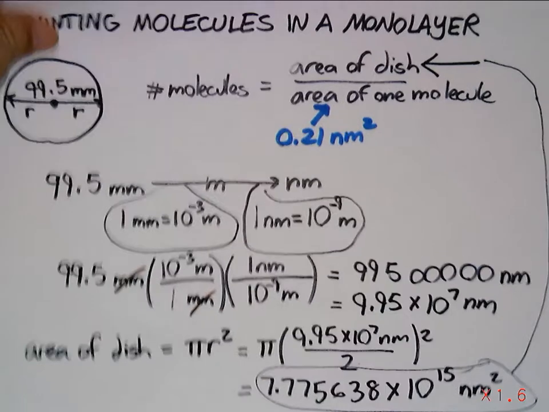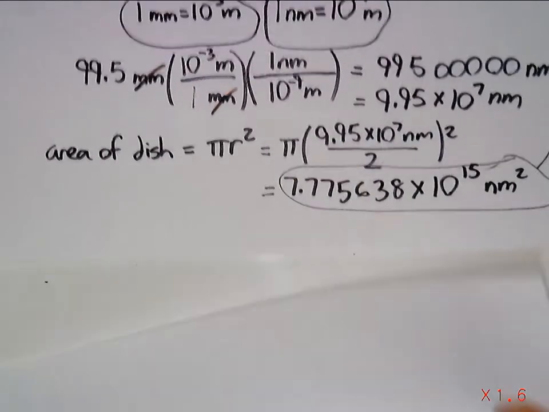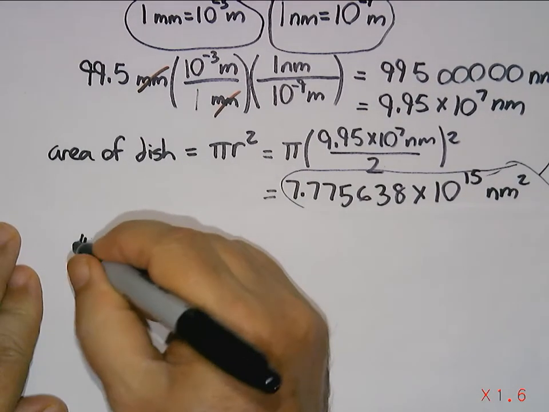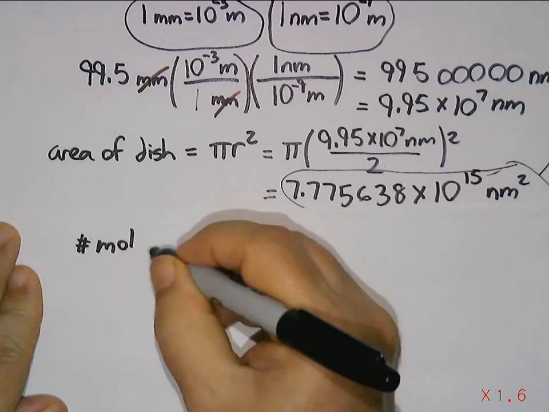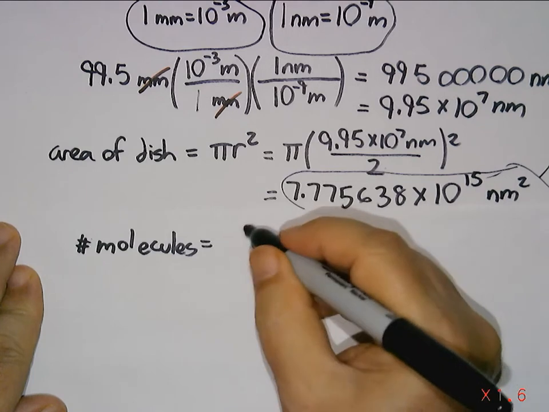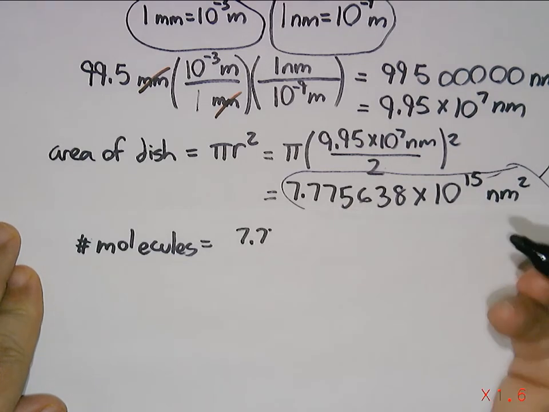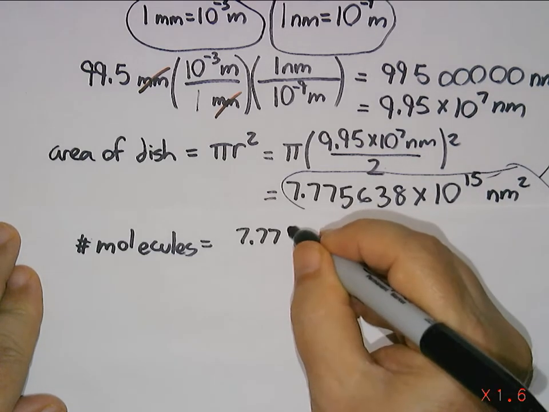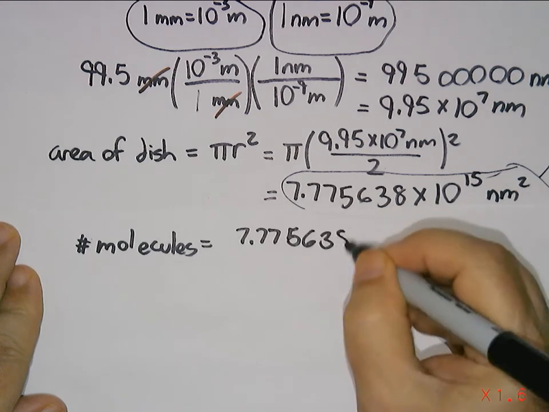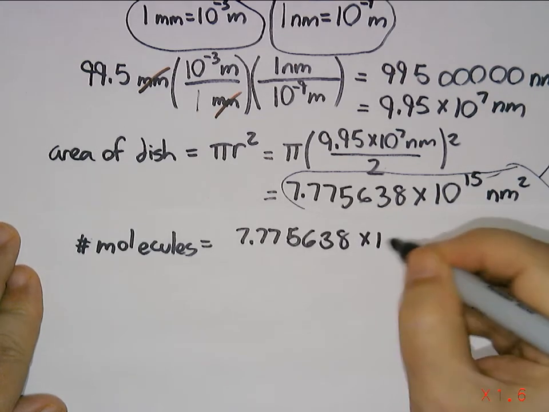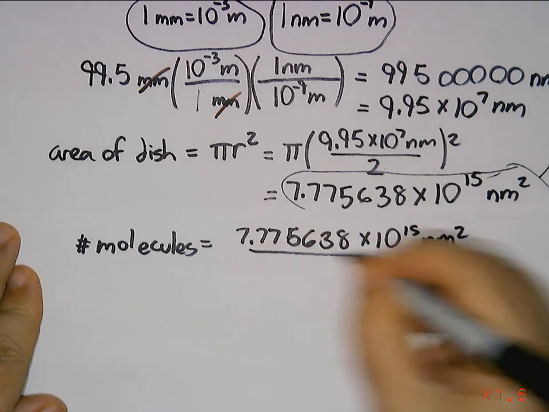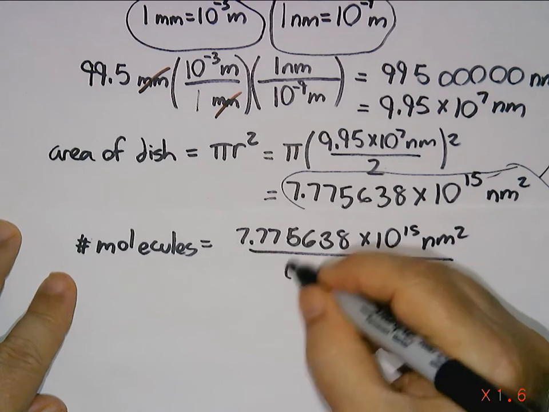It's going to be the area of the dish divided by the area of the molecule.